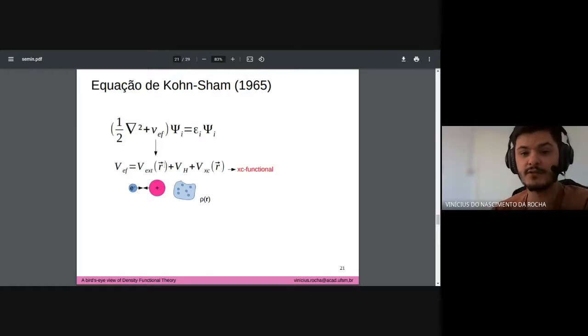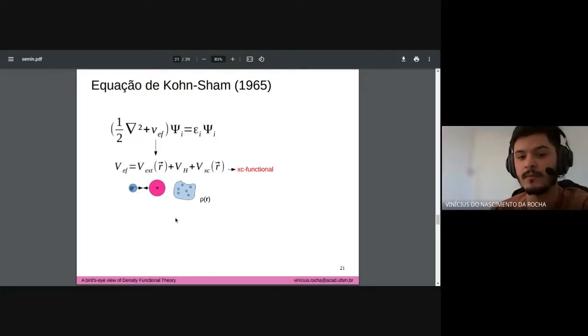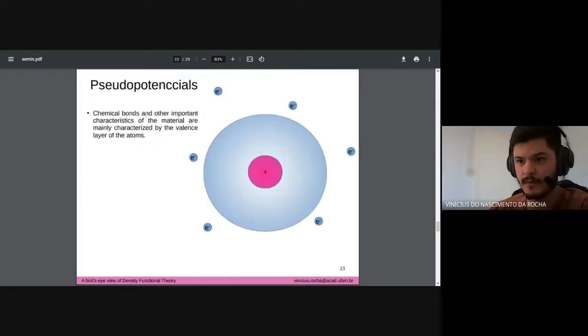The idea is to replace the original many-electron problem with a non-interacting electron problem, assuming that the ground state density of the original interacting system is equal to that of the non-interacting system. So we use the variational principle to minimize the energy functional in relation to density, and we arrive at a Schrödinger-type equation.